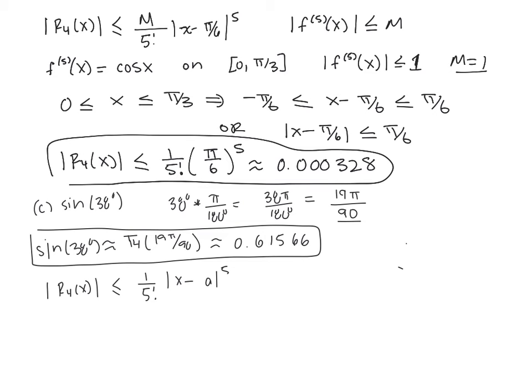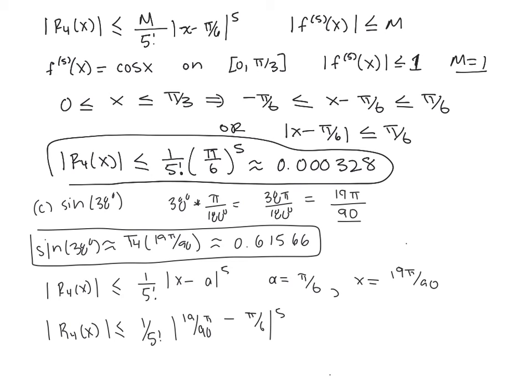Using the fact that a is pi/6 and that the x we specifically care about is 19 pi over 90, this remainder is less than or equal to 1 over 5 factorial times 19 pi over 90 minus pi over 6, to the 5th.